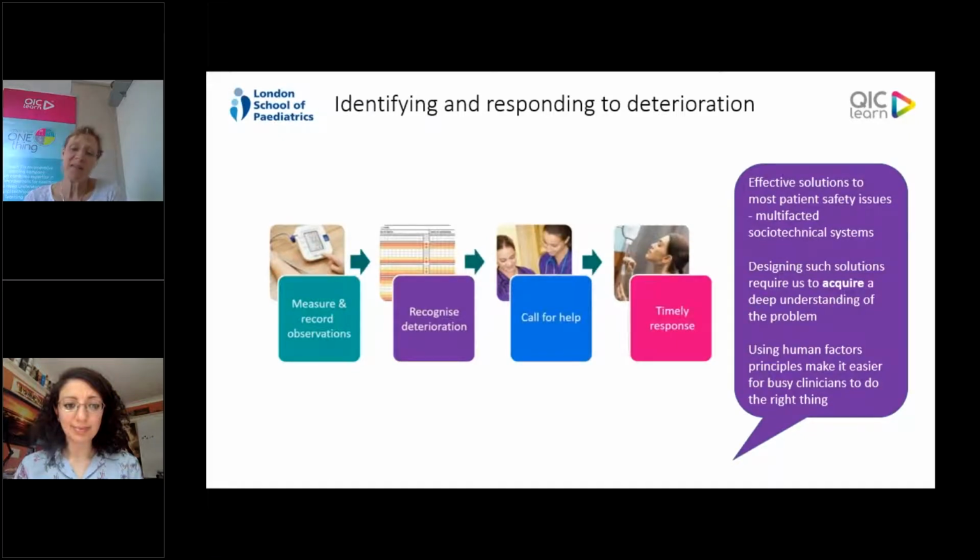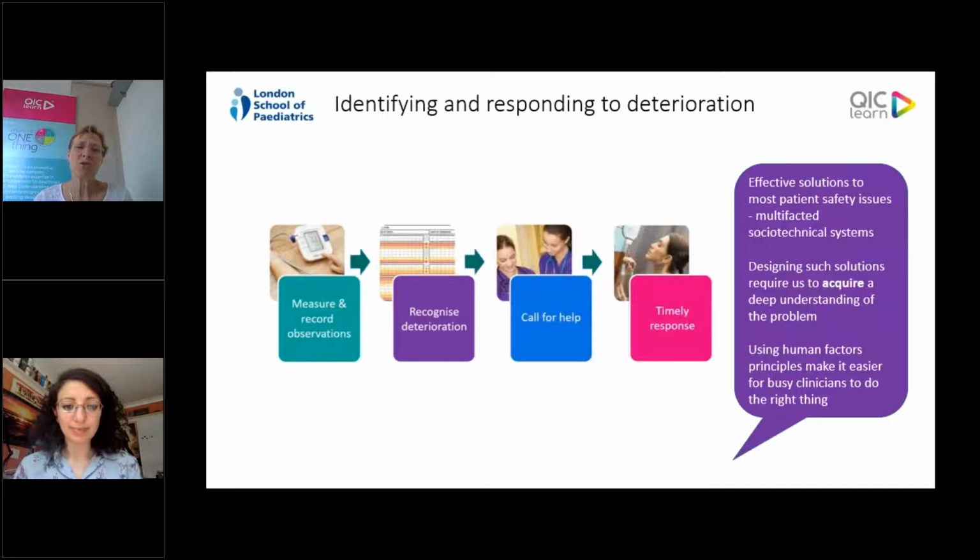If we were looking at this in terms of deterioration, then we can think about the different steps that I mentioned earlier in deterioration. So it's not just one simple step. There's the measurement and recording of the observations. There's then being able to recognize that actually maybe they're not quite right. Maybe something's happening. Maybe a child is deteriorating.